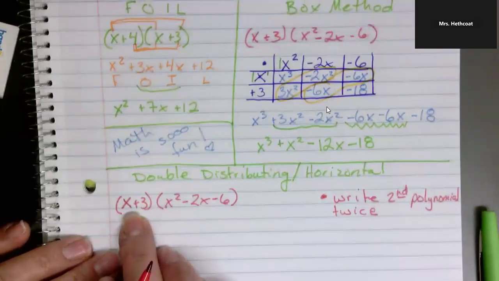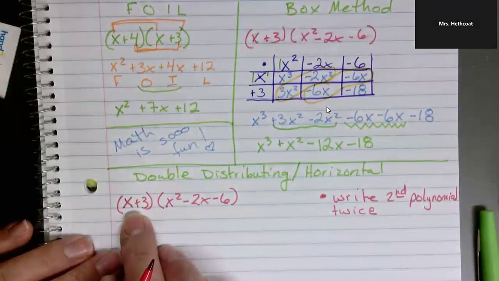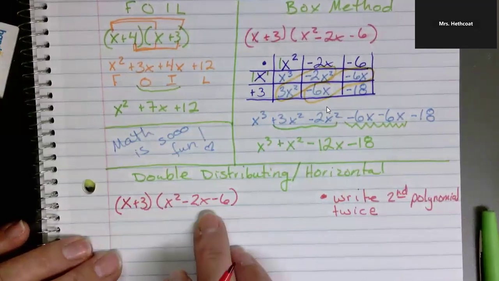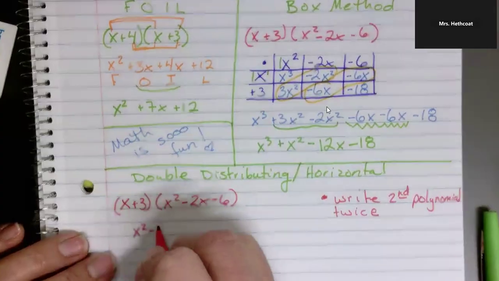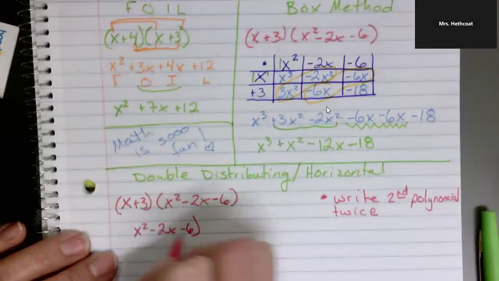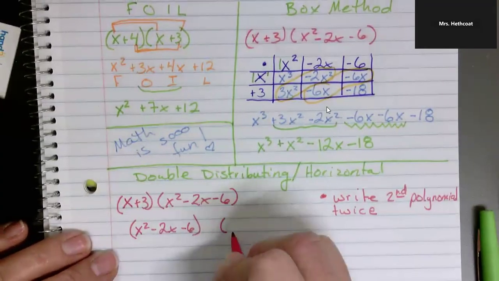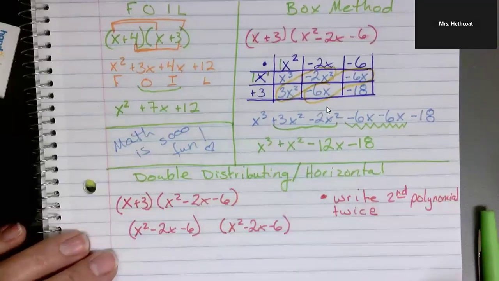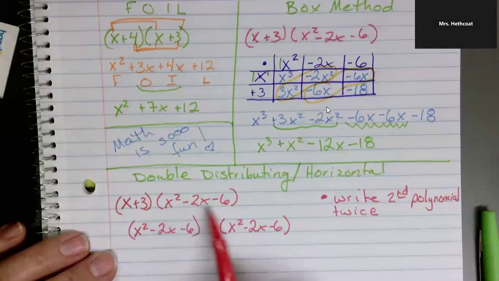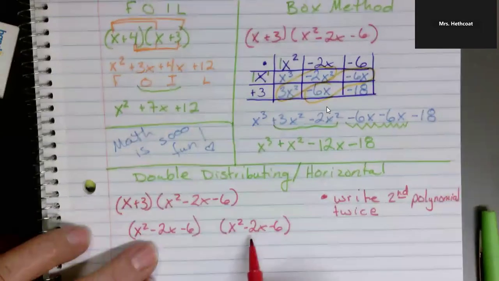We have 2 terms in the first polynomial, so we are going to write the second polynomial 2 times. So I've got x squared minus 2x minus 6, and then I need to leave a little space, and then x squared minus 2x minus 6. So if you see that, I just wrote this second polynomial twice, exactly as it is.